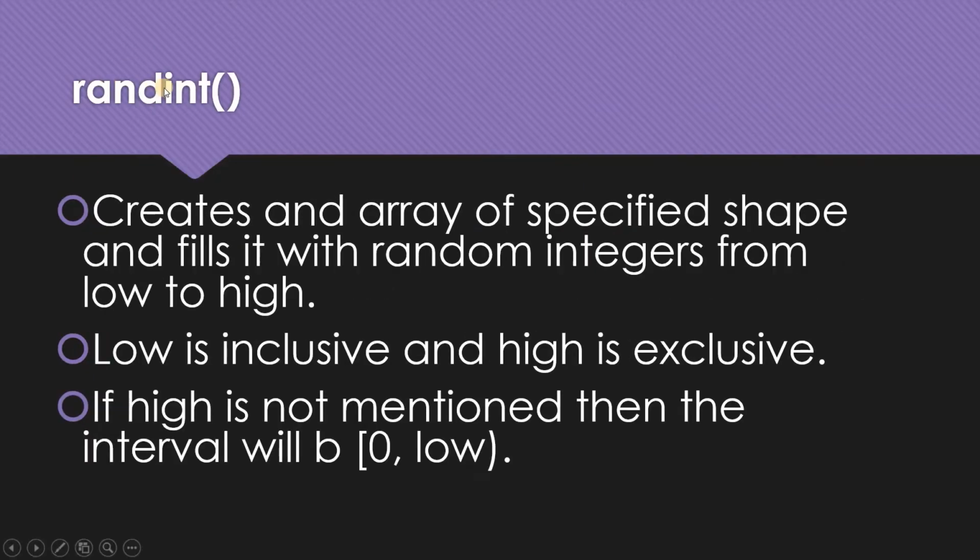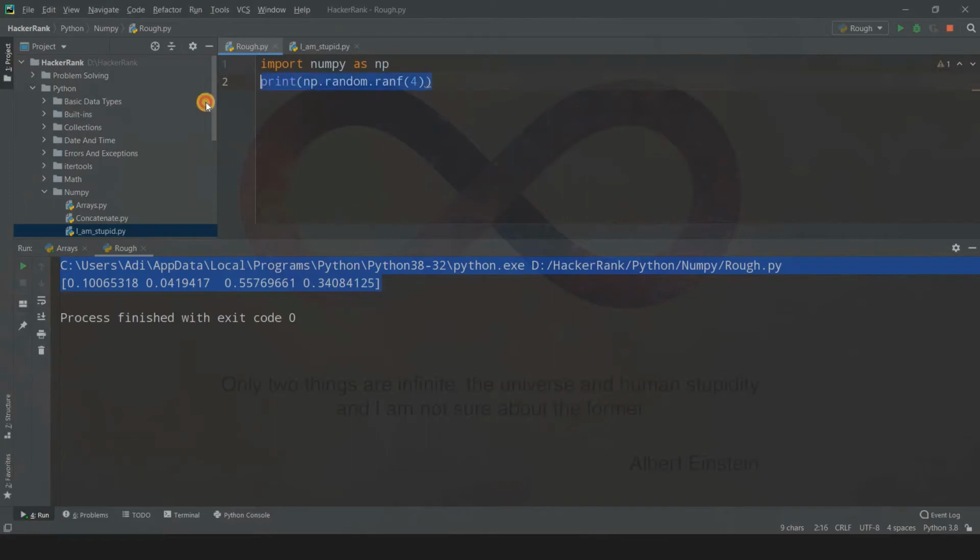Now there's this last one, randint. So what does this do? It creates an array of specified shape, and it fills it with random integers from low to high. So yes, there are some parameters that are different. We'll see them. So low is inclusive and high is exclusive. Hold on. So first of all, let us get some help so that we get the parameters.